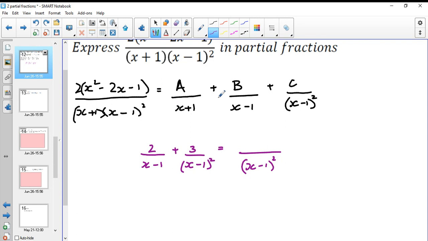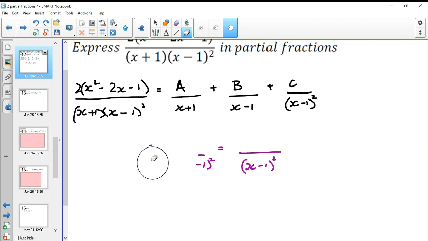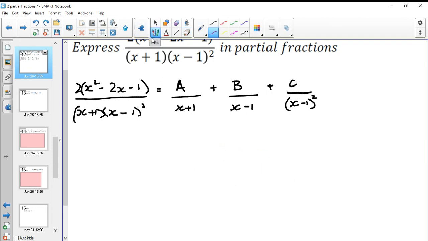So when I'm setting up my partial fractions here, I have to have 1 over x minus 1, because that is a factor of that. And we also need an x minus 1 squared, because that is a factor of it as well. So you just have to be careful with that. You need basically 1 for each possible factor.